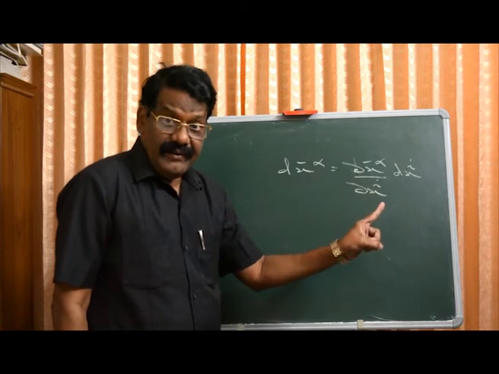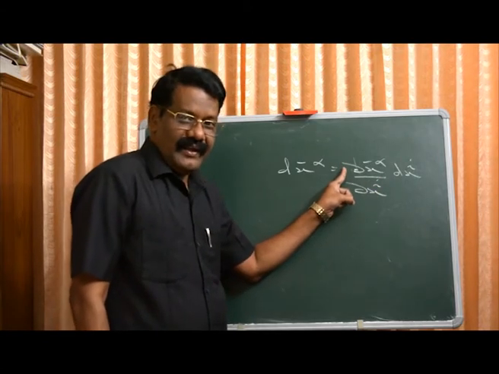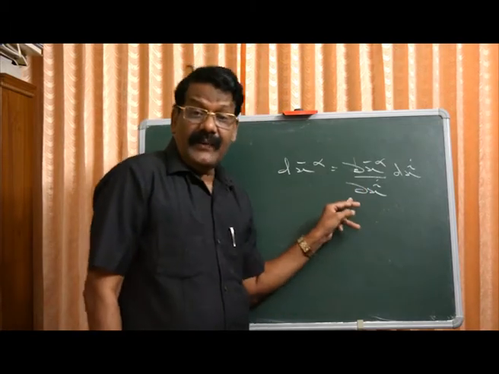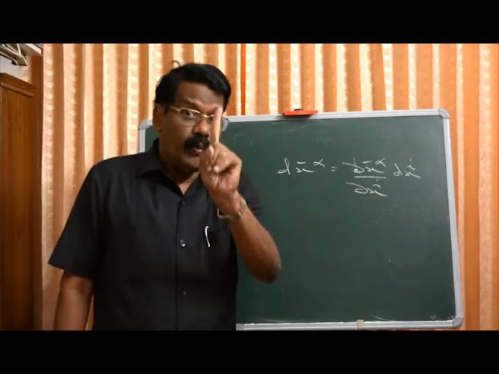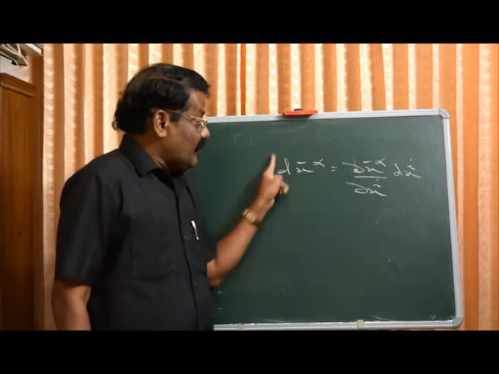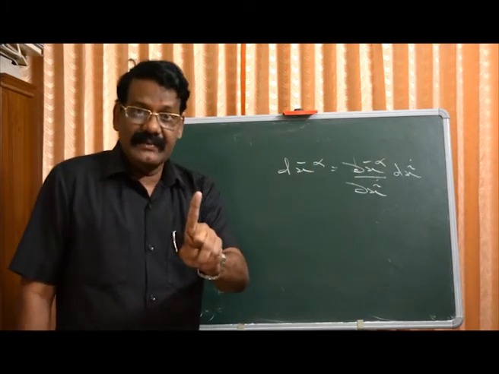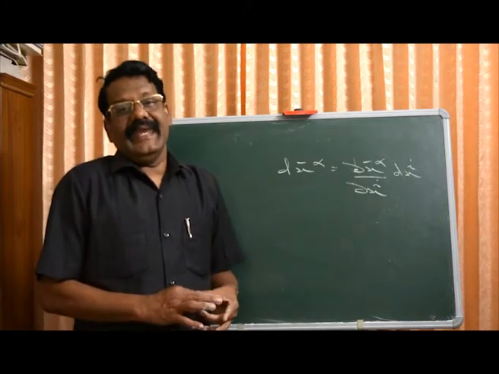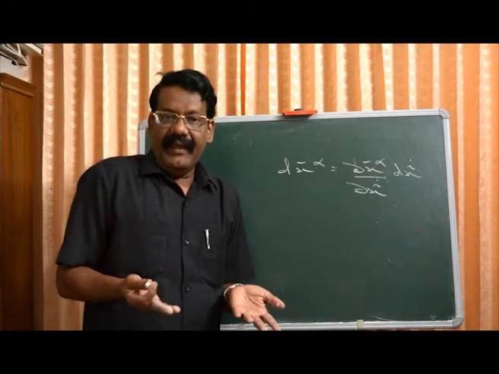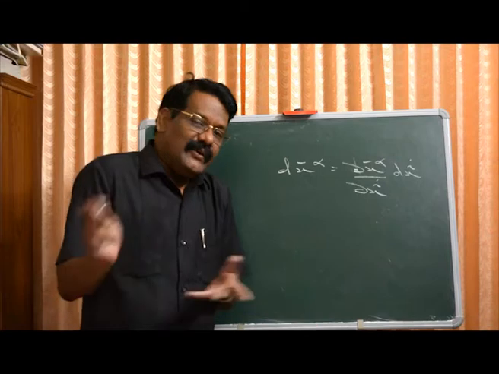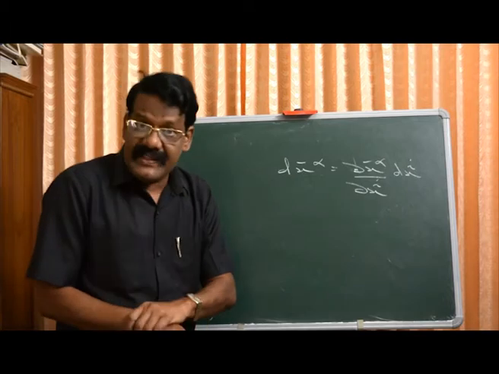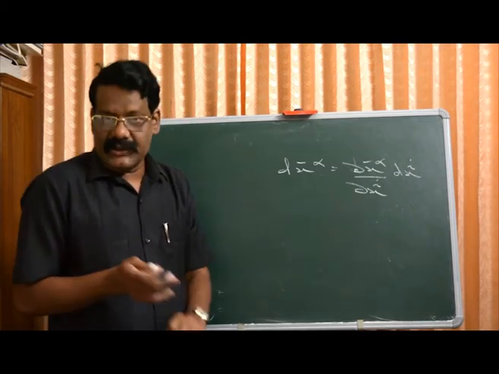So i is dummy. You should remember that there is a summation here, summation over i. But in this term, alpha is not repeating. Alpha occurs only once. Here on the left hand side, alpha occurs only once. So alpha is called a free index. But the main difference between the free index and the dummy index is that a dummy index can be changed at your will. I already told you. But the free index should not be changed.